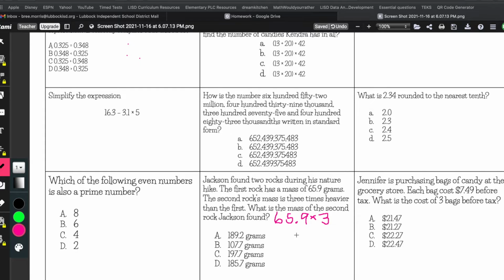Okay, so you can make your area model for this. Okay, you can put your 3 over here. We can do 600, 59.